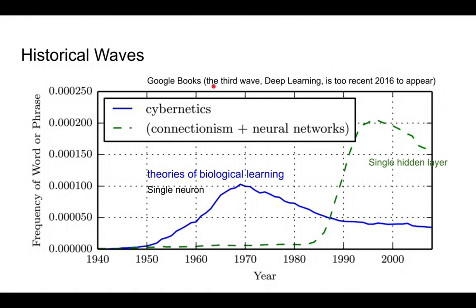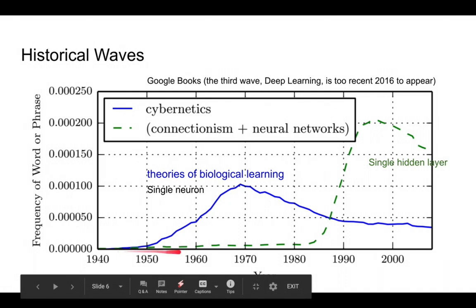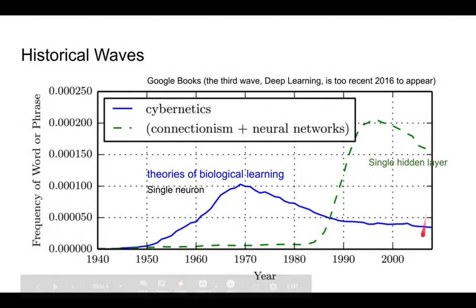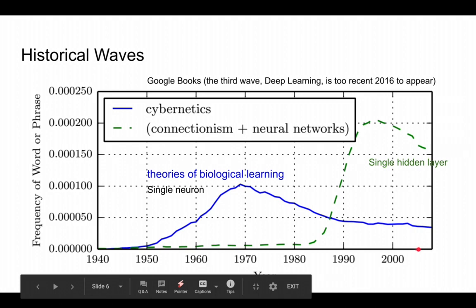You can see 3 waves. The first wave is between 1940 and 1980, and the second wave starts from 1980 to now. And the third wave recently just started in 2016. It is too recent to appear, therefore it does not show up in this plot.